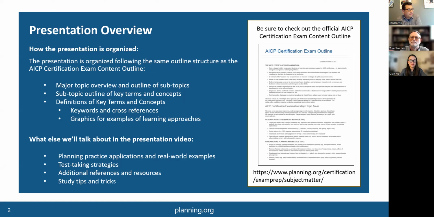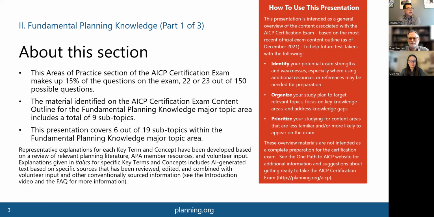And with our guests, we'll also add in our comments about how this all relates to planning practice applications, real-world examples that might be useful in thinking about how to take the exam, test-taking strategies, study tips, and in some cases, additional references and resources, key things that you might want to pay attention to in terms of preparing for the exam. So this section of the exam is a couple of topics within the larger group of fundamental planning knowledge.